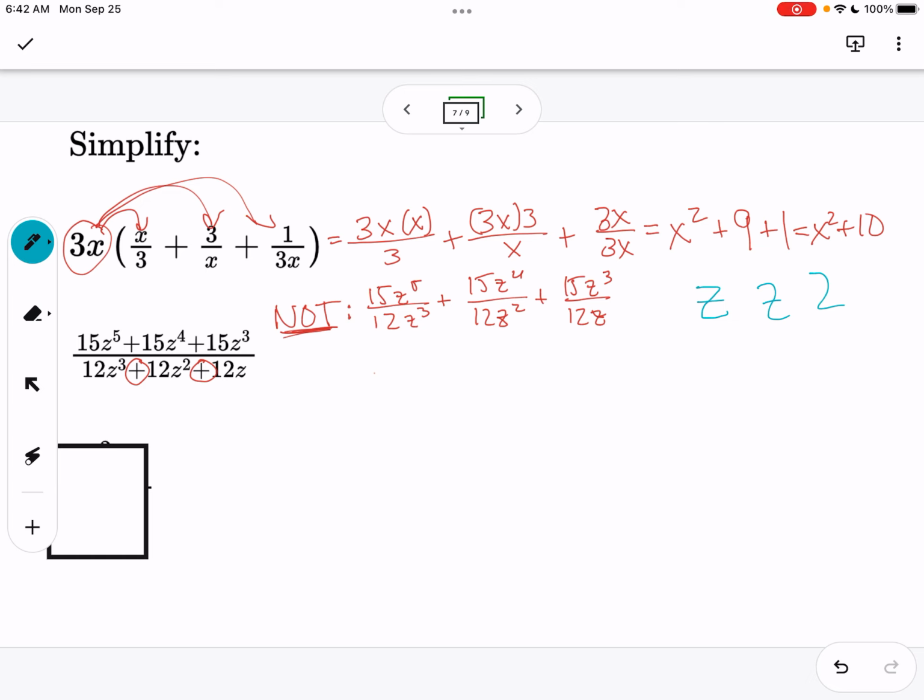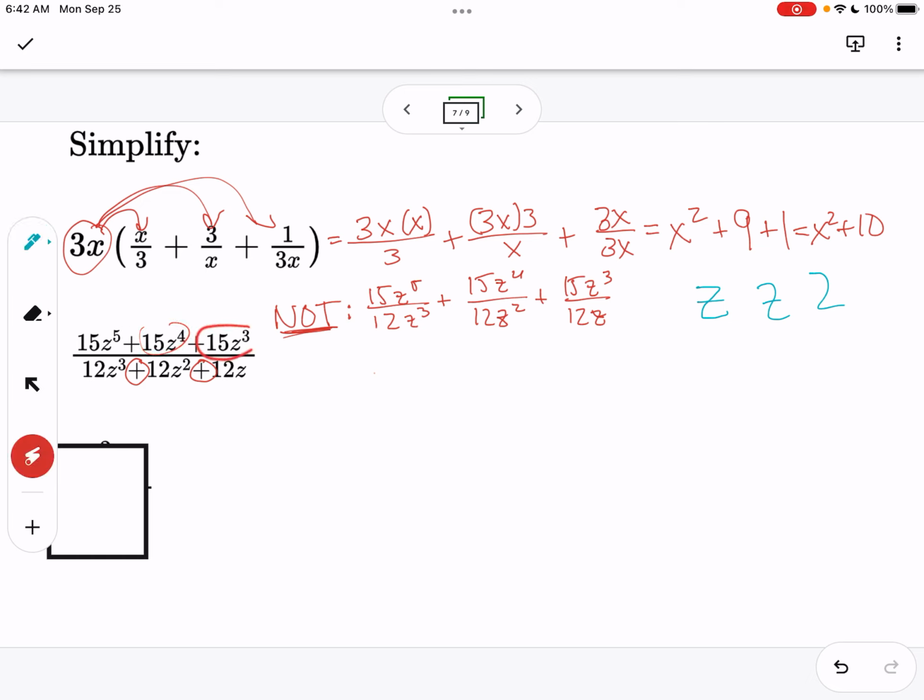I have seen students make mistakes, write 2z, and all of a sudden it becomes 22 or becomes z squared. So making sure that you clearly differentiate numbers from variables is a very important habit to develop.